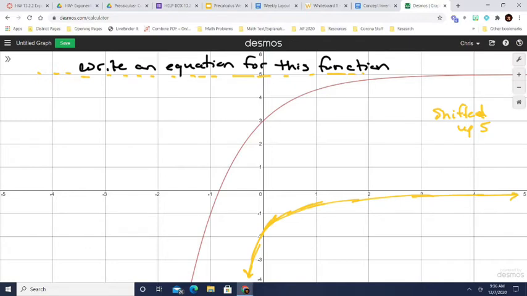If I kept thinking about it as being modifications, I'm used to the functions being up in the positive y values. This one is down in negative y values, so it looks like it actually got reflected over the x-axis. So if I reflected it back, what would it look like?